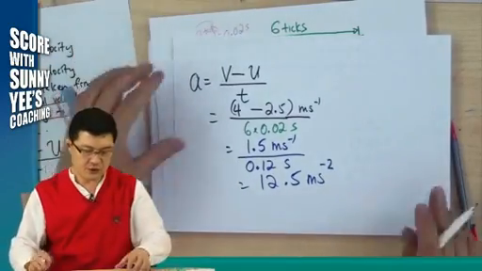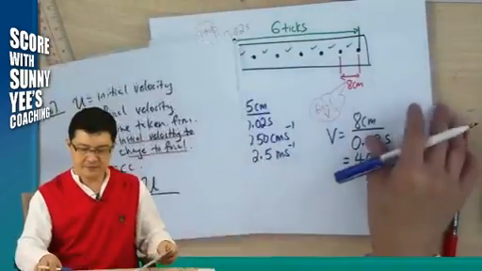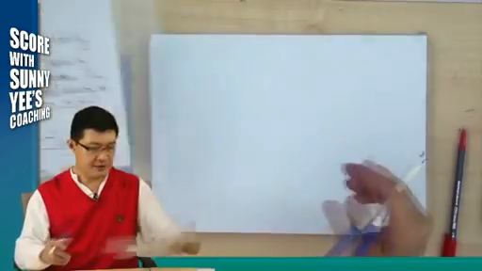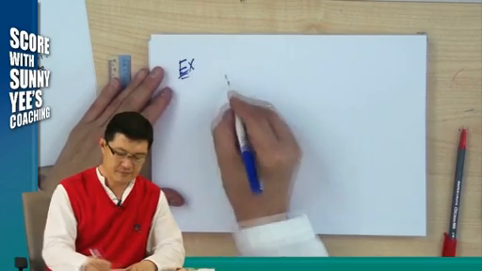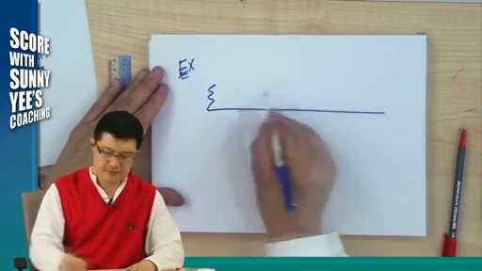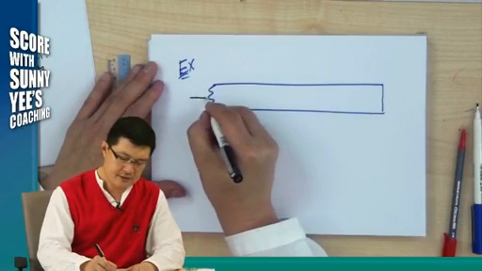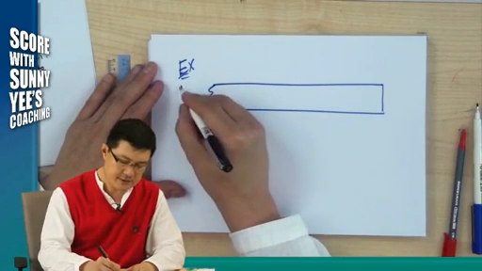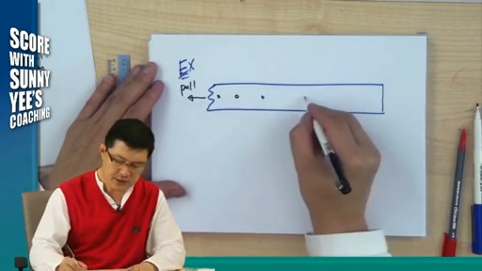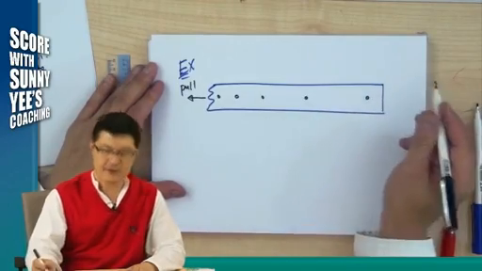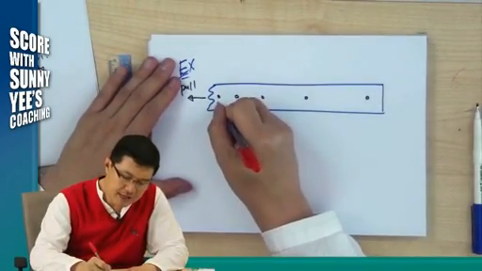Right? I'm going to give you one more example by using ticker tape. Now, it's not necessary that they must measure from 2 ticks or 1 tick. Say 1, 2, 3, 4, 5. Right? Now, in this example, I measure from here to here.